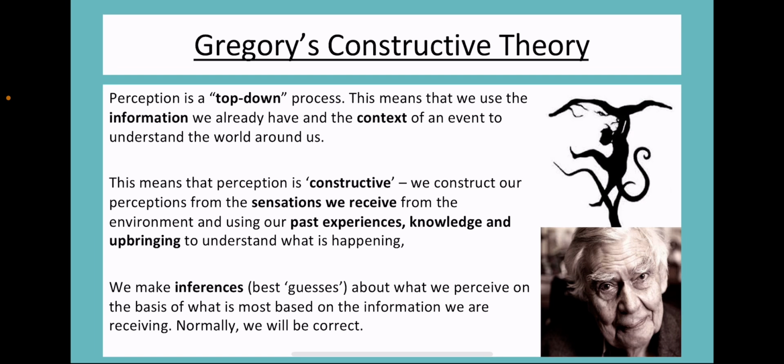But there's always going to be that one time out of 100 where the neighbour has a friend arrive who has the same car as your mum and dad, and therefore it was not the correct inference. But basically, Gregory says that most of the time you would make these inferences based on past experiences. You would be correct probably 99 times out of 100.